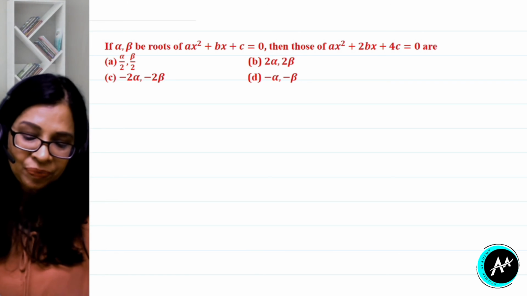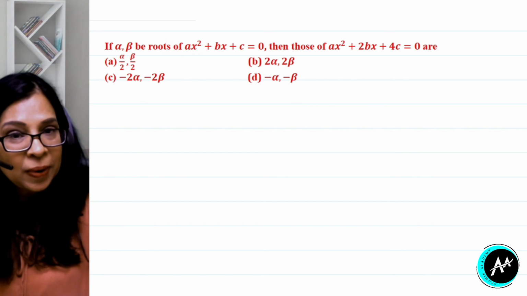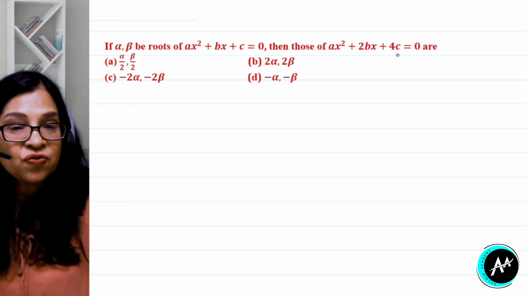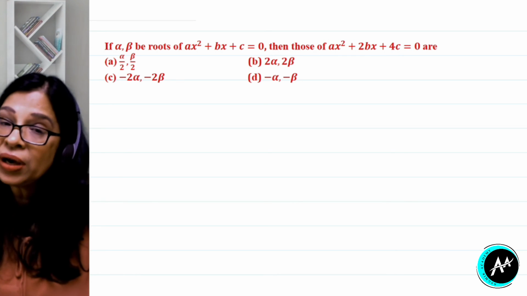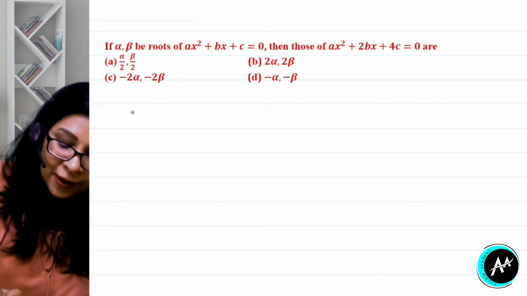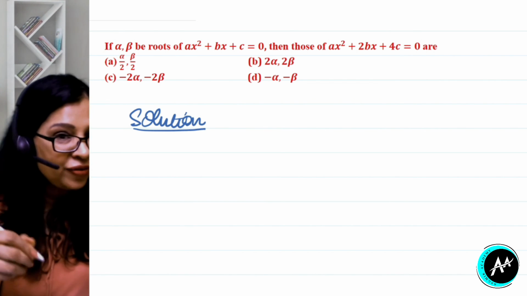What does it say? If alpha, beta are the roots of the equation ax square plus bx plus c equal to 0, then for this equation ax square plus 2bx plus 4c equal to 0, we have to find the roots. Okay, let's see how we can find it. So we should be able to use the results that we have done.